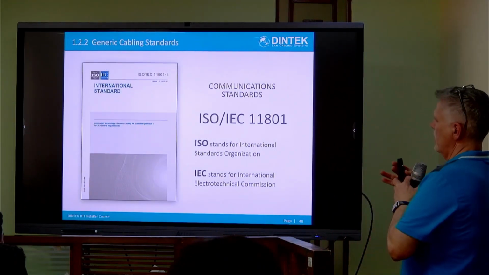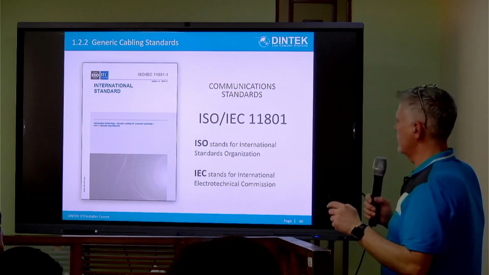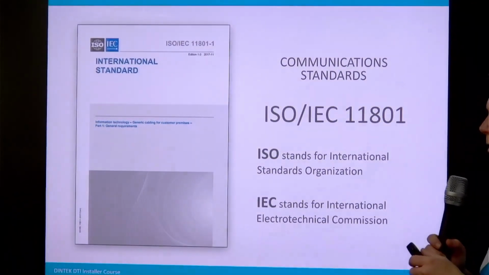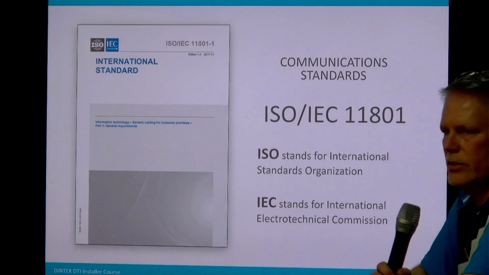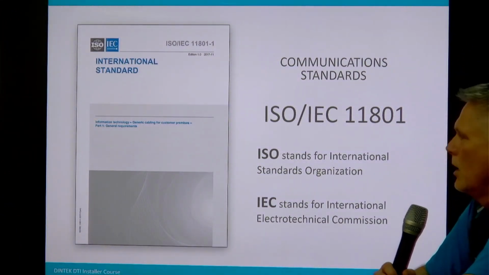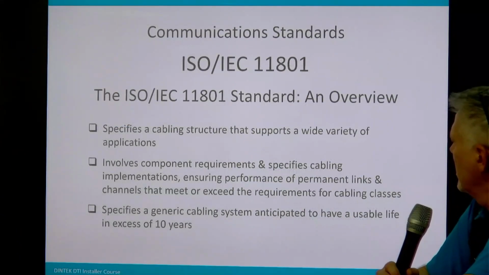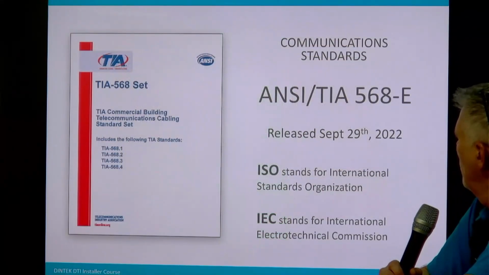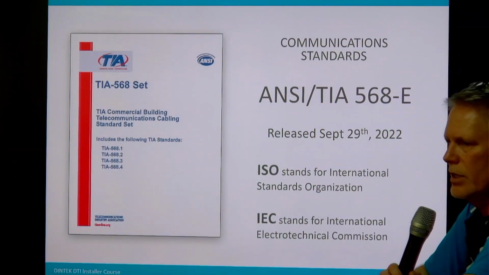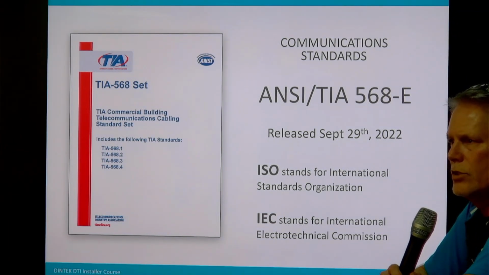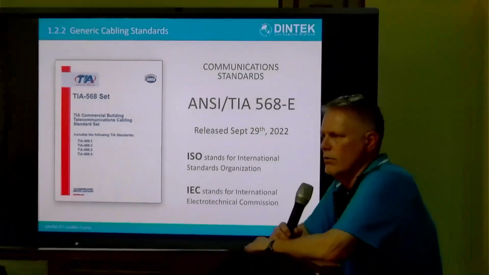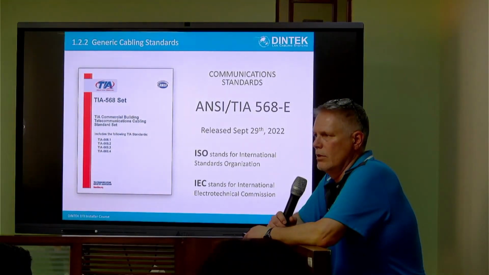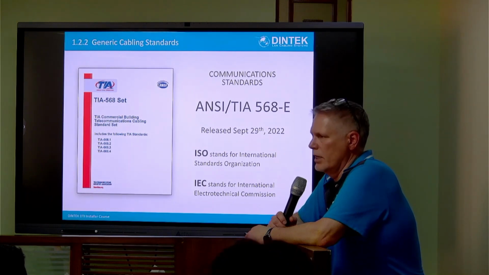There are 2 main communications cabling standards that people use around the world. One is the ISO standards, the 11801s, and the other is the TIA 568 standard. So in Bangladesh, which standard do they tend to use? The last one. TIA 568E.